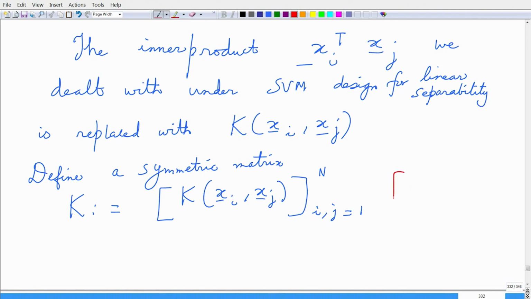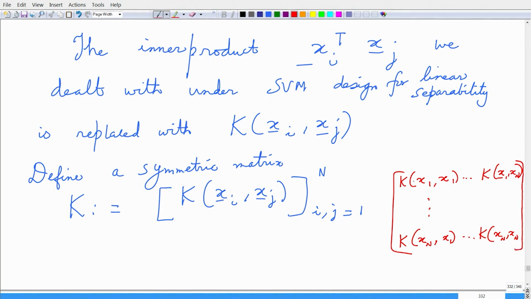You can visualize this as a stack of K(x1, x1) dot dot dot K(x1, xn), up to K(xn, x1) dot dot dot K(xn, xn). So, this is sort of the Gram matrix that I can form from my vectors xi.